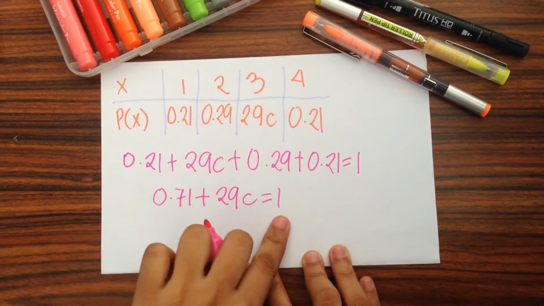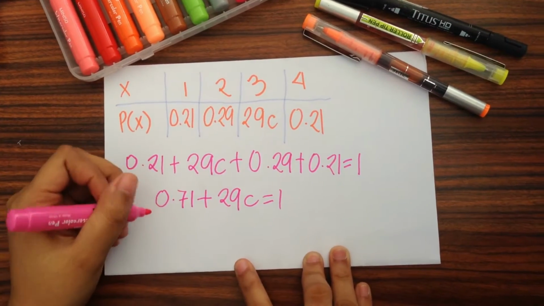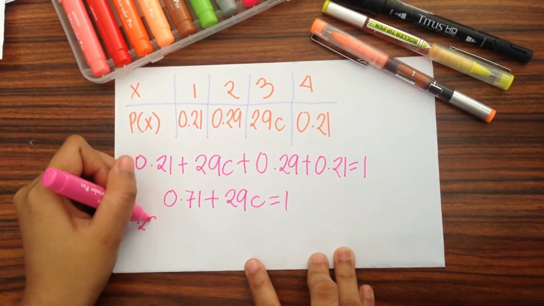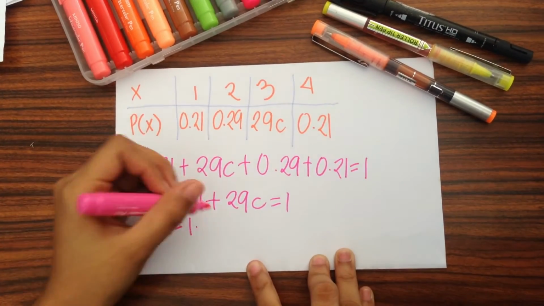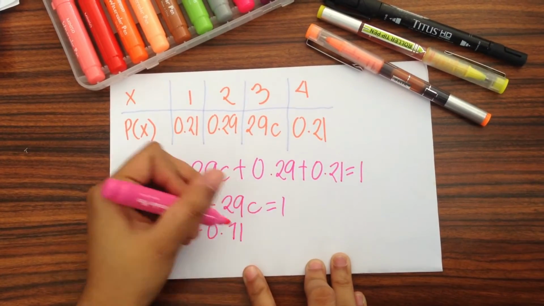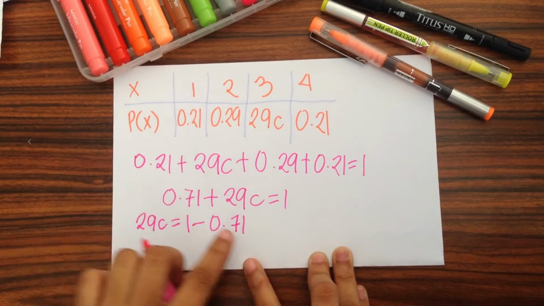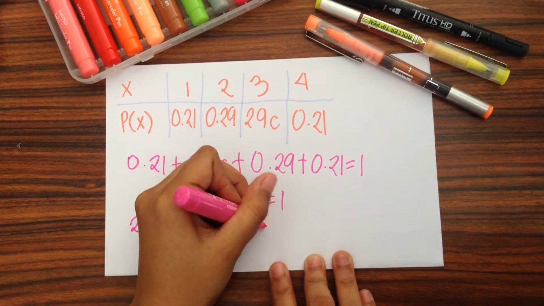Pagkatapos, i-add lahat ng like terms. Pagkatapos nun, itatranspose ang 0.71 sa tabi ng 1.